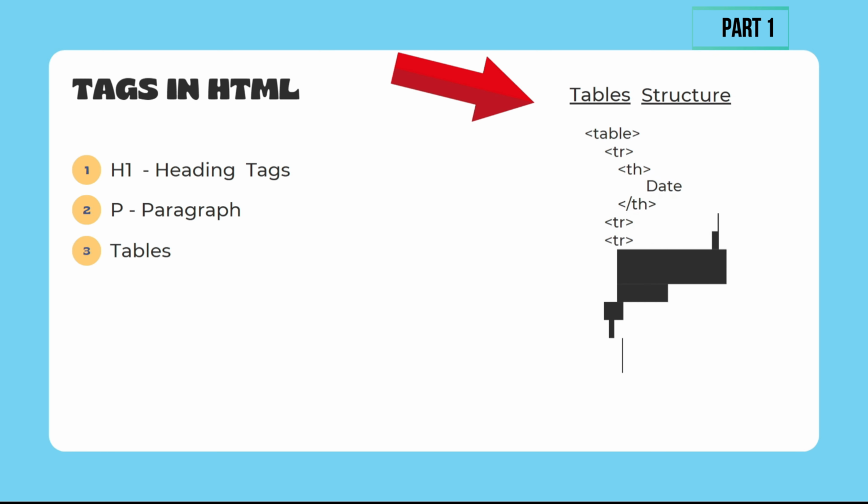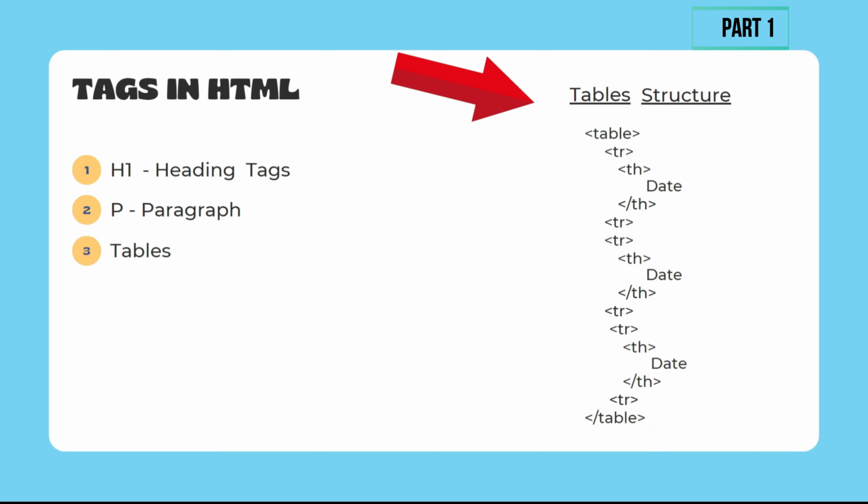You can see on the right side a table structure, how a table looks and how the table format is used. Definitely you will see the same structure every time you create web pages, wherever you are going to create a table.